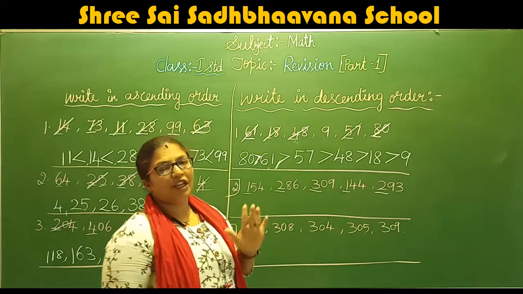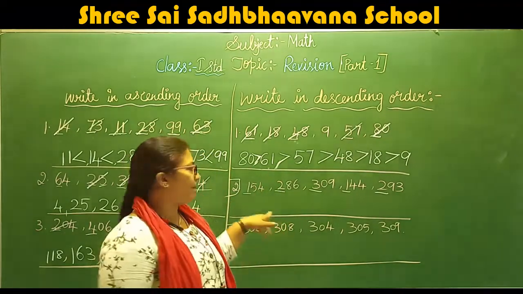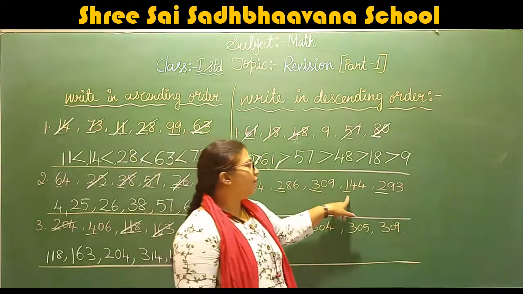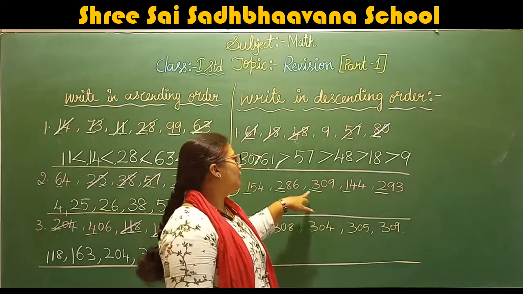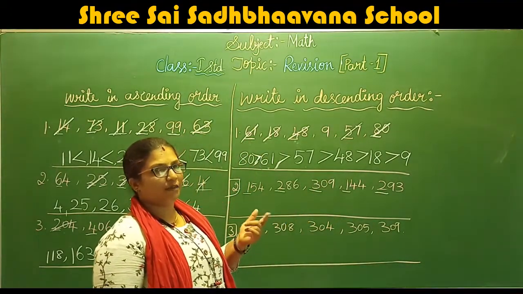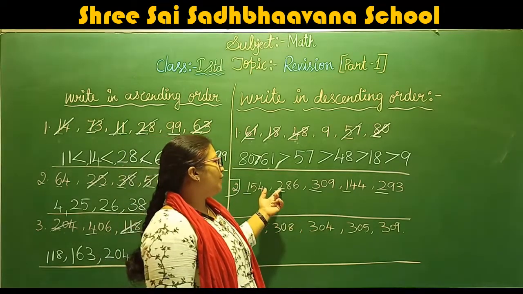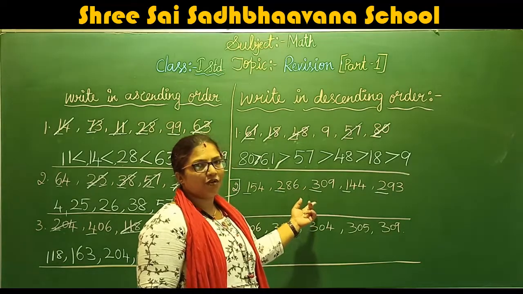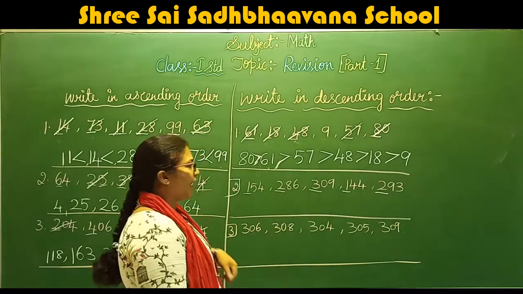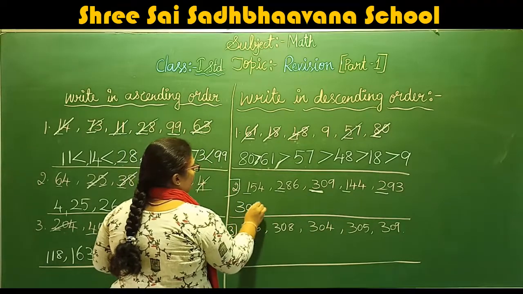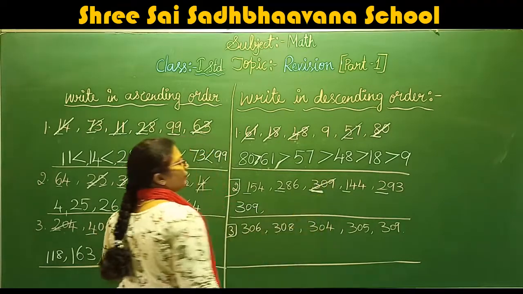So we need the greatest number now. 1, 2, 3, 1, 2. So 3 and 2, which is the greatest number? 1 is smaller than 2, 2 is smaller than 3, right? So which do we have to take now? 3 only we have to take first. 309.